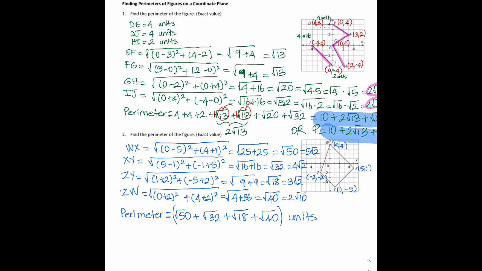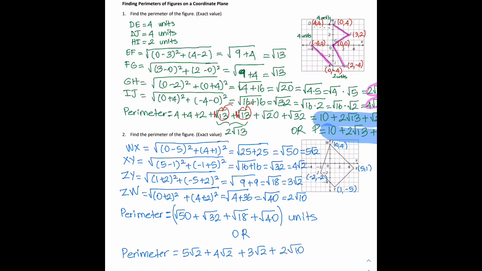That would be one answer, or which I prefer would be in a little bit more simplified version, which would be 5 square root of 2 plus 4 square root of 2 plus, 18 would be 3 square root of 2 plus 2 square root of 10.